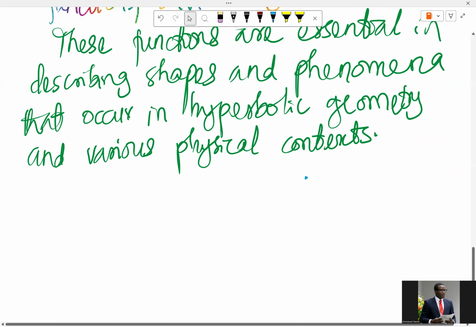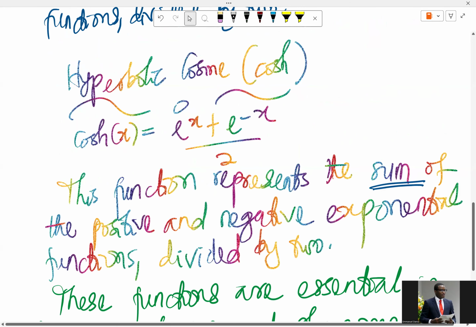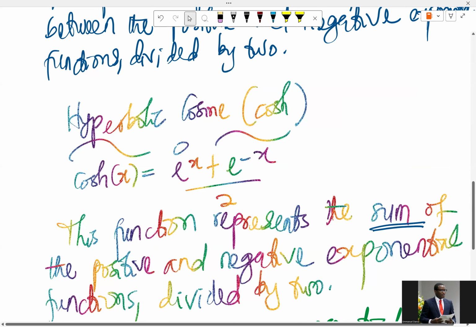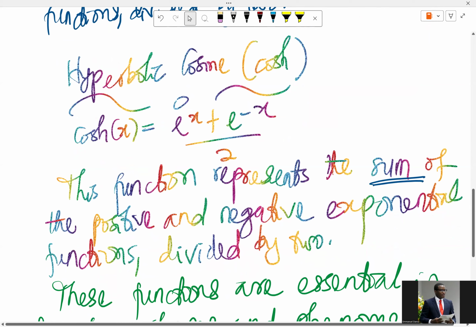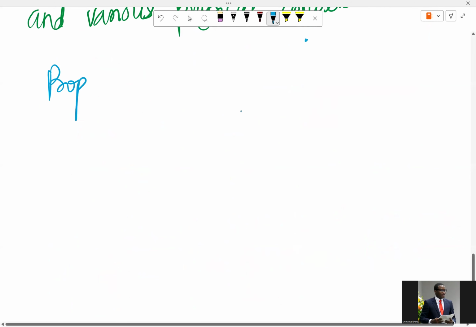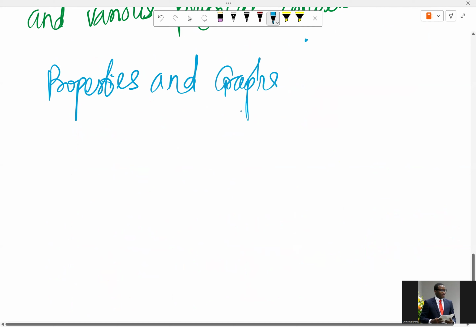All right, so we've talked about introduction, right? We have an introduction to hyperbolic functions. So let's talk about the properties and graphs of hyperbolic functions.